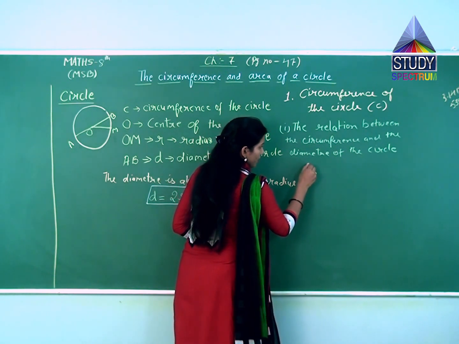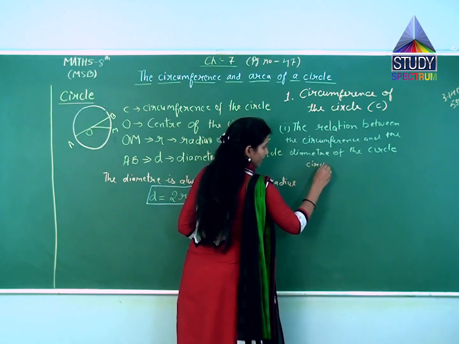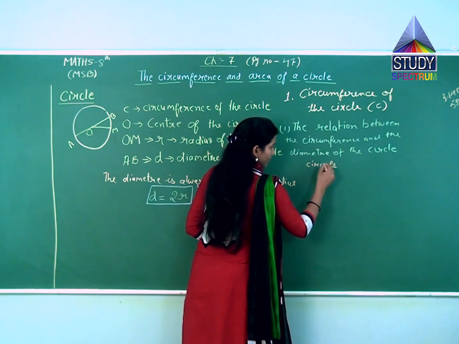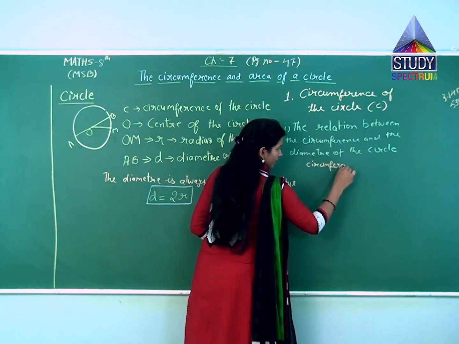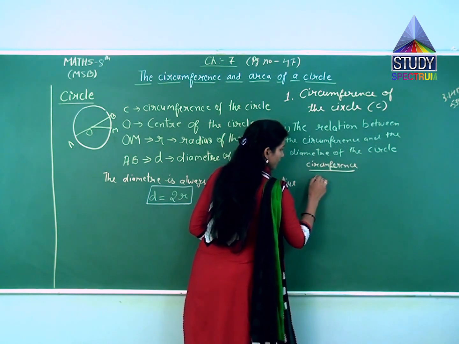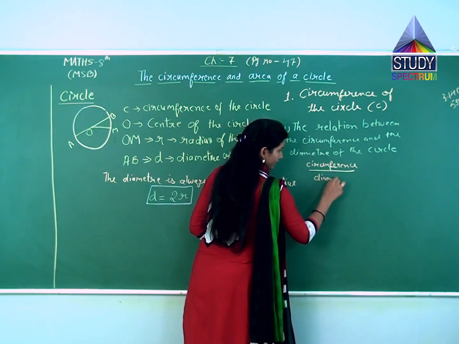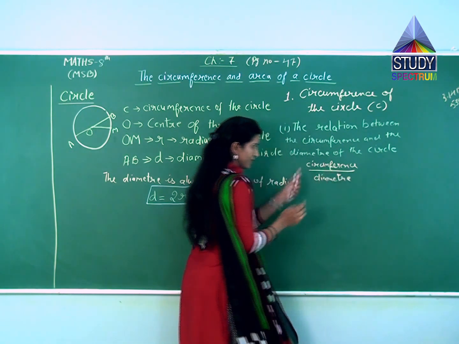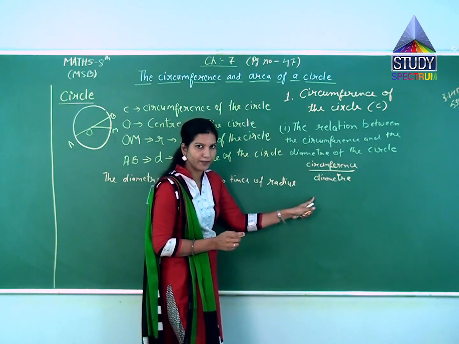So circumference upon diameter. This is the ratio of circumference to the diameter.